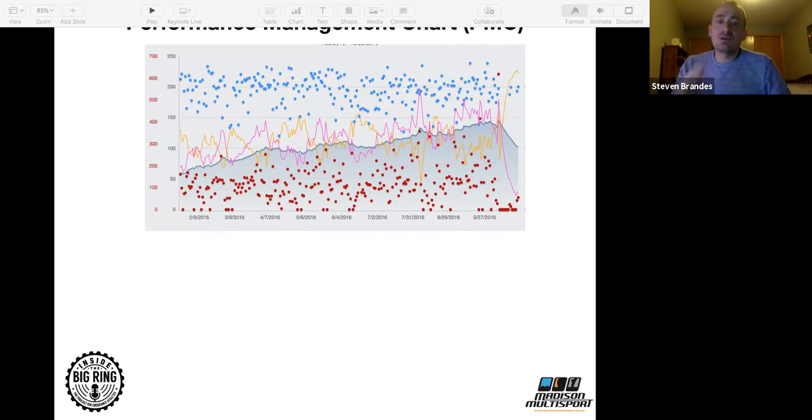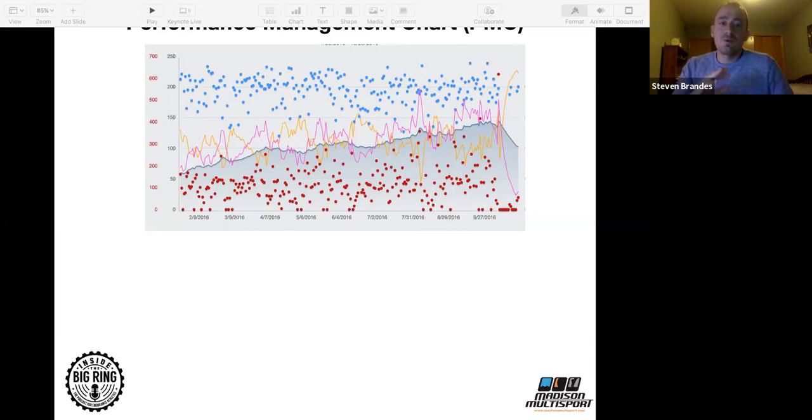You need to have accurate numbers in Training Peaks for this to work. If that freaks you out, you can literally go into Training Peaks, set your thresholds, go into this graph and say, reset my figures, and it'll give you an accurate picture of what this looks like.